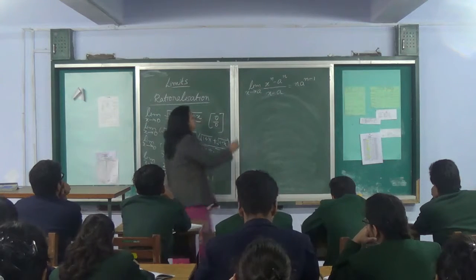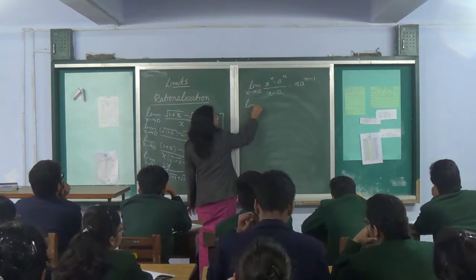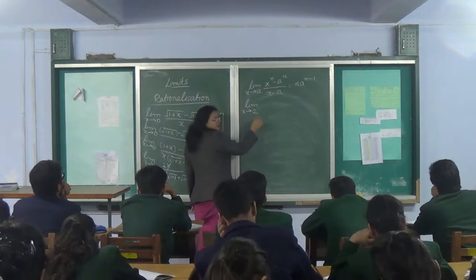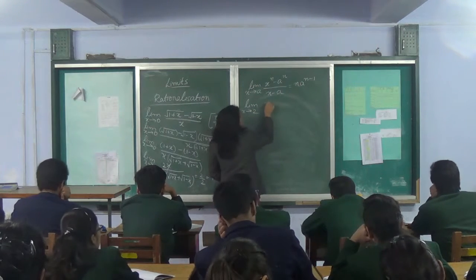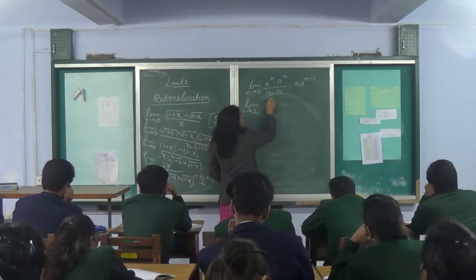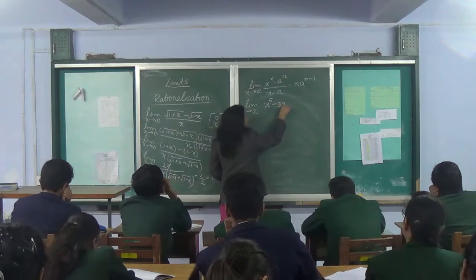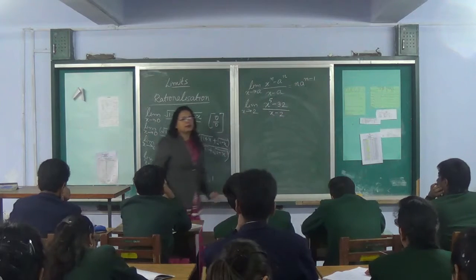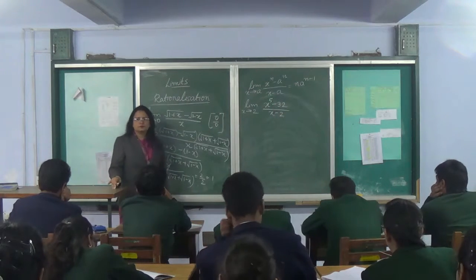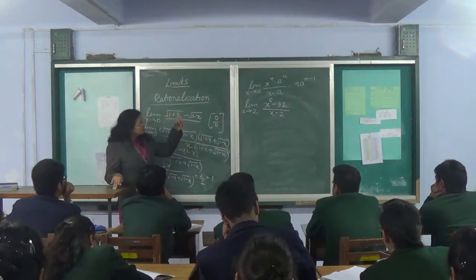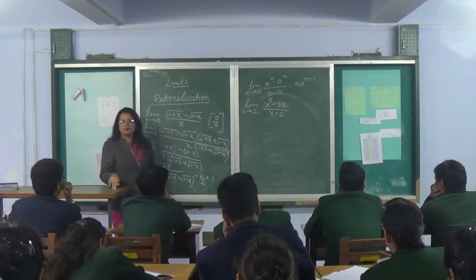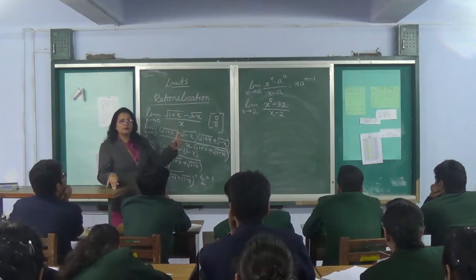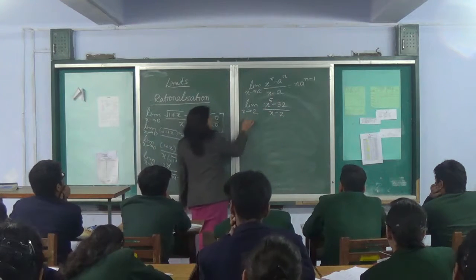Like suppose you have limit x tending to 2, x to the power 5 minus 32 upon x minus 2. Compare it with the above result. Is the function in the same form? Yes, it is.